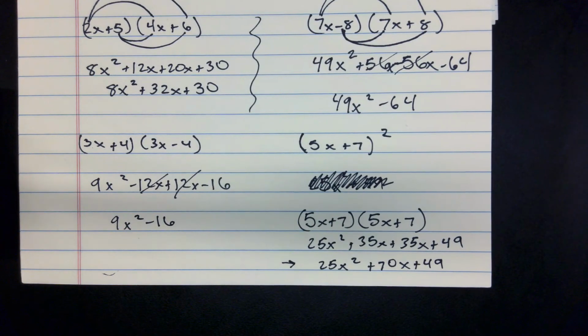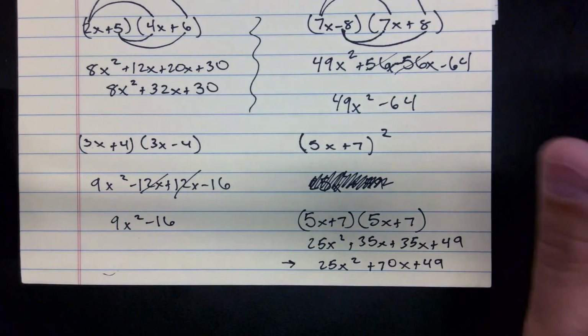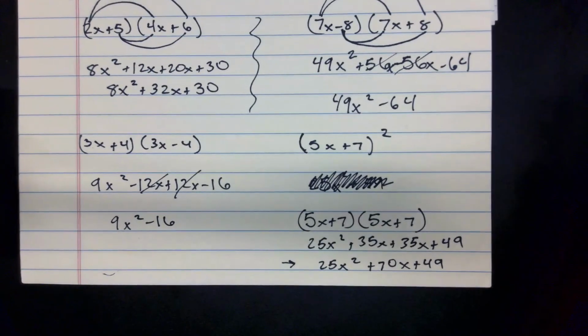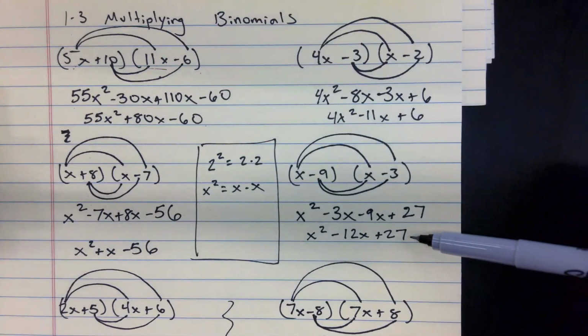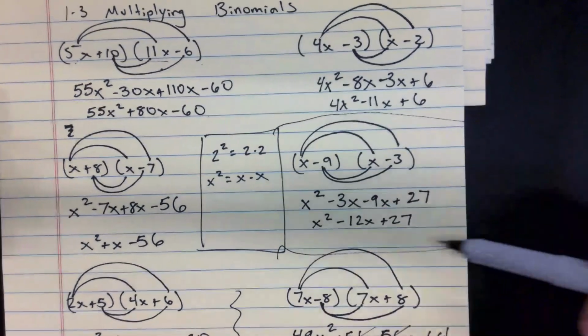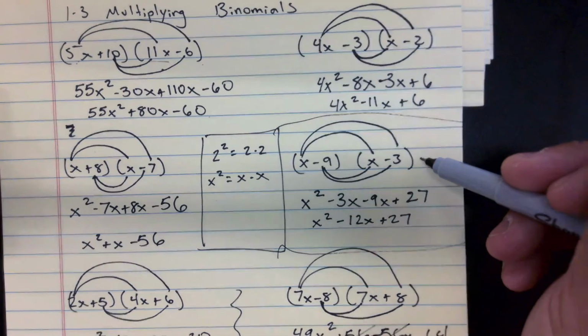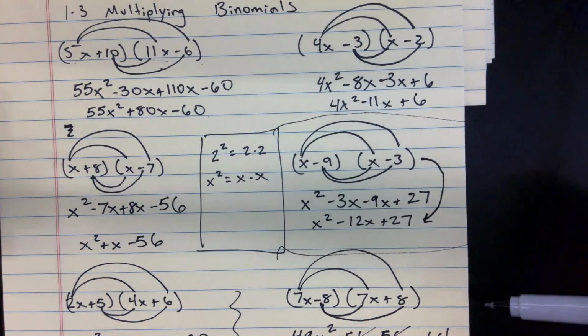First off, any questions on any of these? Can we start to FOIL a little bit? Just to give you a heads up where chapter 1 goes: today we're learning how to go from our FOIL parentheses to a trinomial.